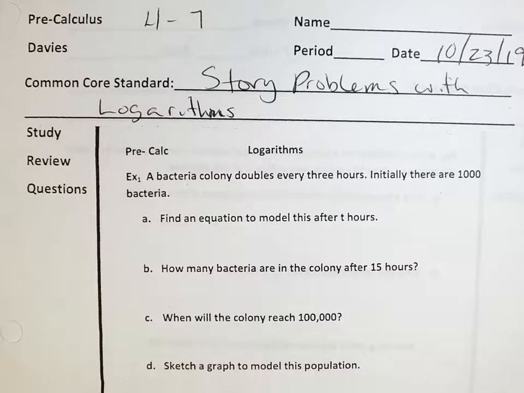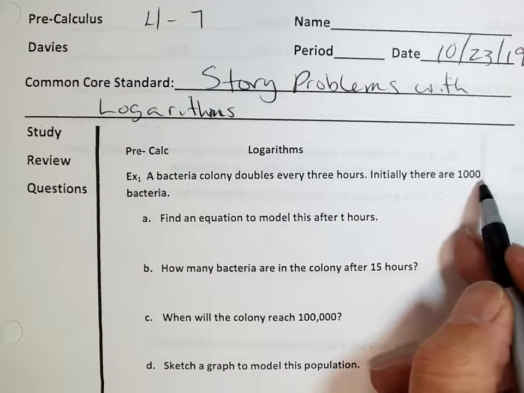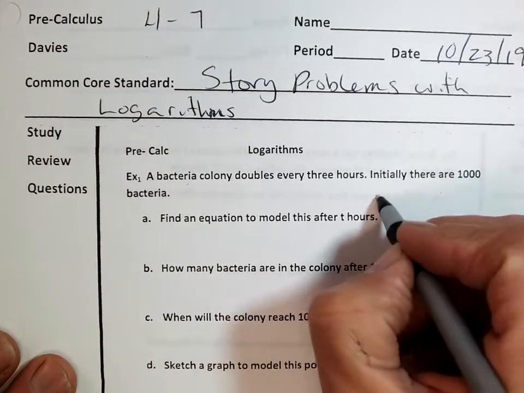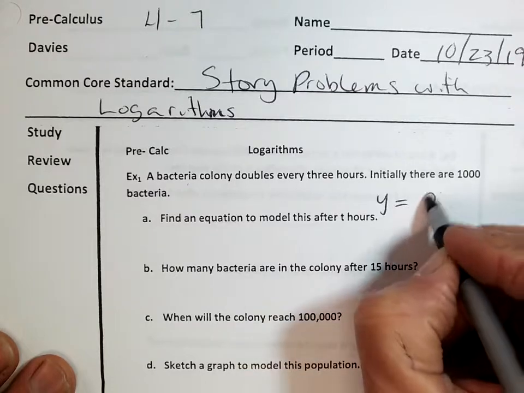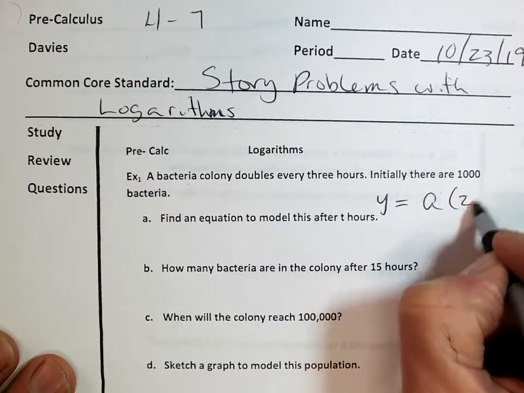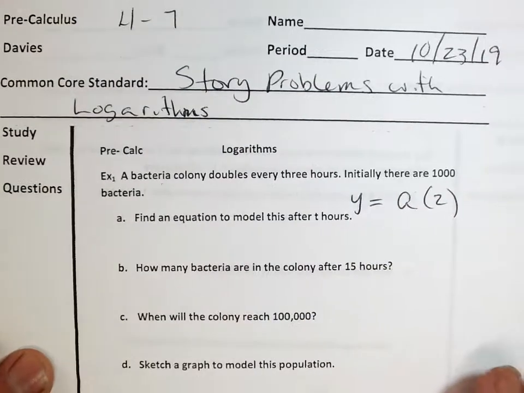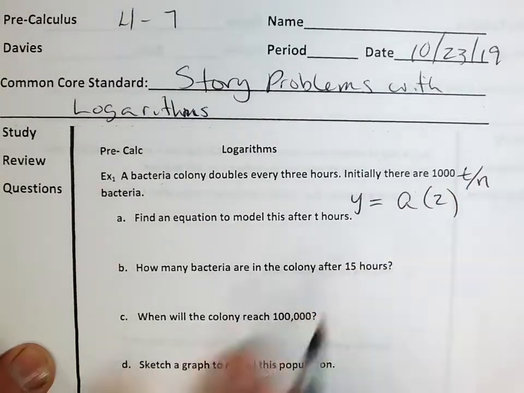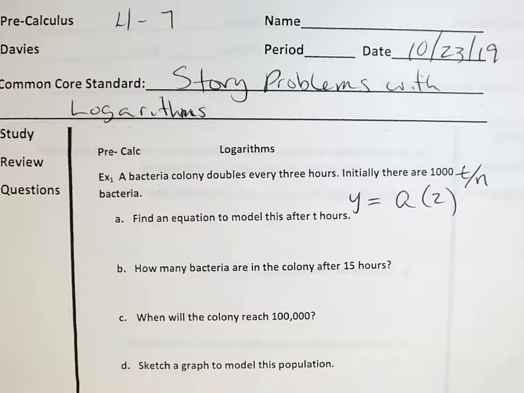So, example: a bacteria colony doubles every 3 hours. Initially there's 1,000 bacteria. Here's an equation we could use: Y equals A times 2, because it doubles, to the T over N, where N is a cycle of time.